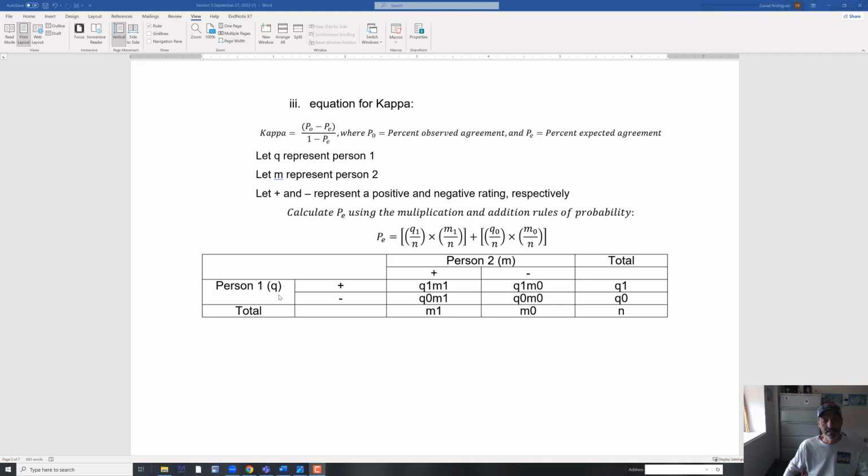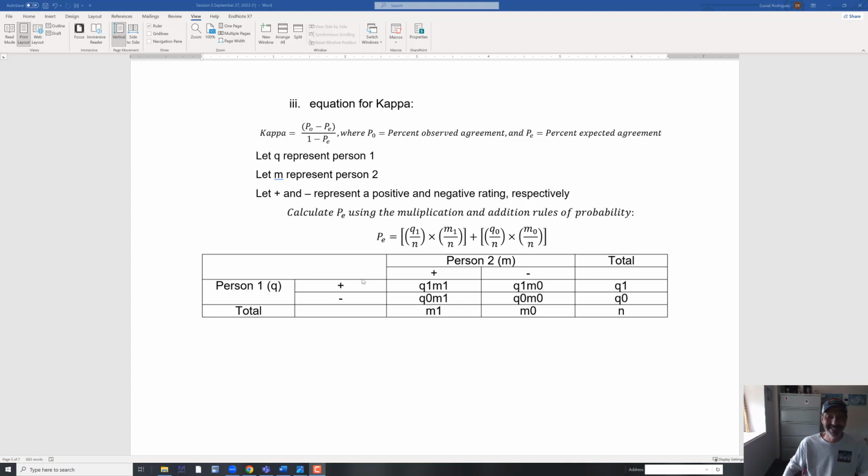So if we look at this cross-tabulation table, person 1 can either rate the observed individual as positive or negative. Person 2 can rate the observed individual as positive or negative. We'll let 1 represent positive in this sense.